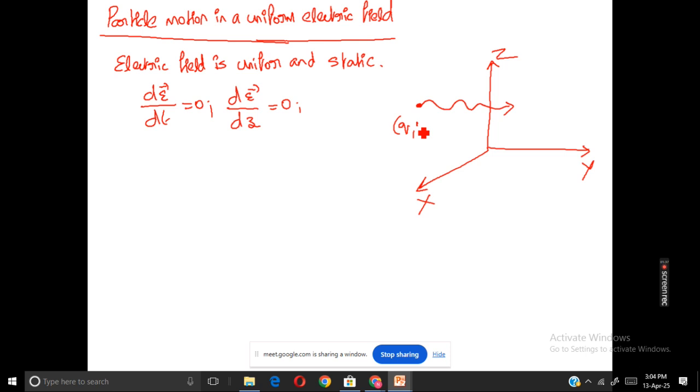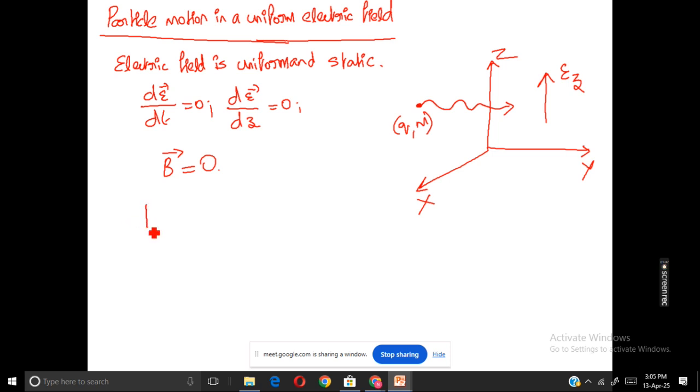The electric field is acting along the z direction. The electric field is static and uniform. Ez is a constant, and there is no field component along the x and y axes. Ez is constant with respect to z and time. And there is no active magnetic field in this case.